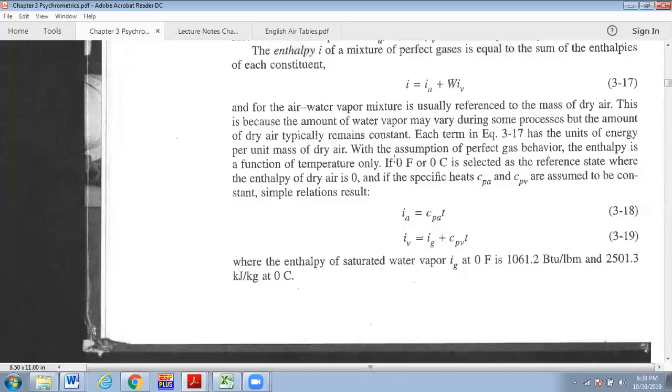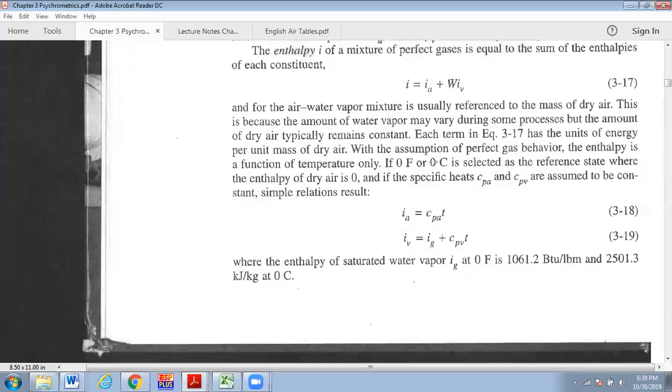So in psych, we pick a zero reference for enthalpy at 0 degrees Fahrenheit and dry. The enthalpy of the dry air typically is Cp delta T, right? Because that's an enthalpy change from thermo. Well, this is Cp delta T, but we've selected the second T to be 0. If you're doing it in US units, 0 Fahrenheit is the reference.